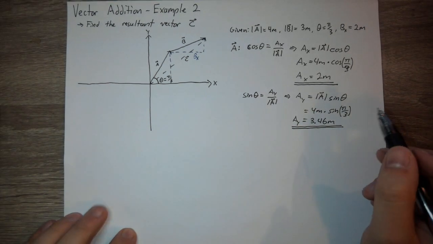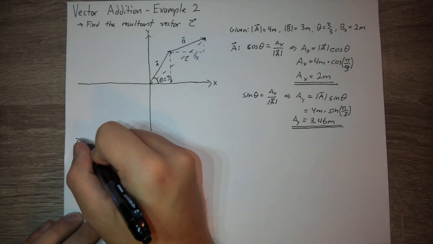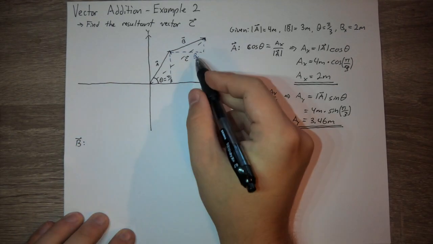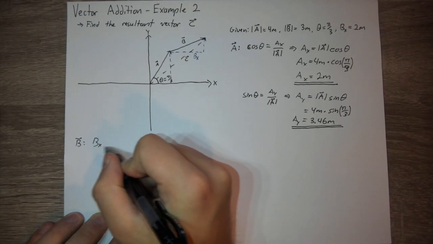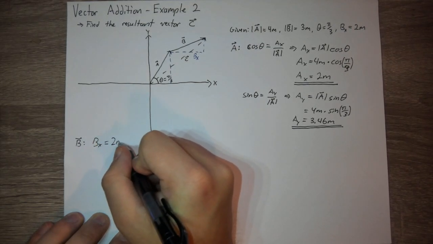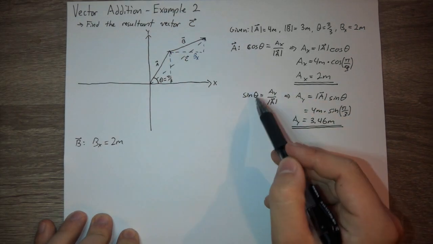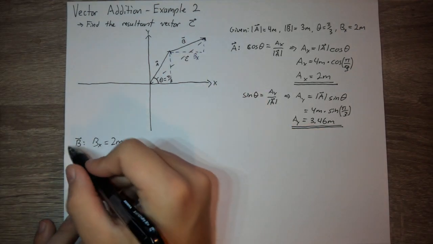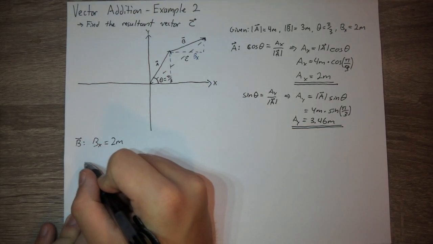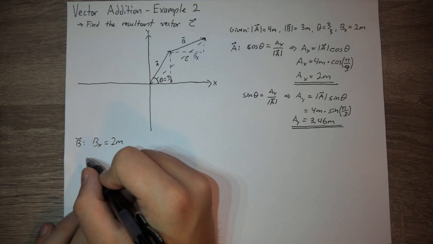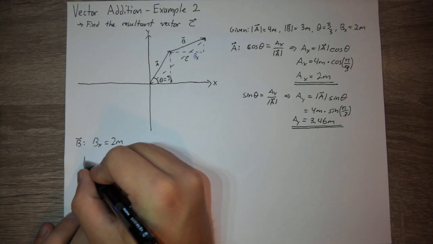Okay, now we can move on to B. So B, we know Bx already, so let's write that out. That's 2 meters. Now we don't know an angle, so we can't use any of these trig functions, but we do know the magnitude. So what we can do is use Pythagorean's theorem to solve for the y component.